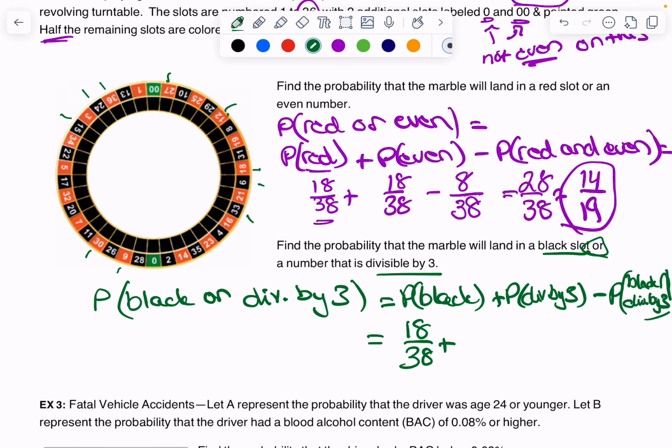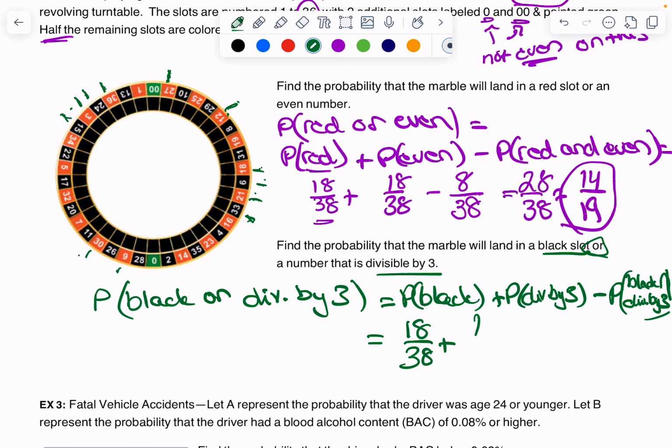1, 2, 3, 4, 5, 6, 7, 8, 9. I did miss some. What am I missing here? 18, 6, 21, 33, 12 is divisible. 29 is not. 25, no. 27, 36, 24, 3, and 15. 1, 2, 3, 4, 5, 6, 7, 8, 9, 10, 11, 12.